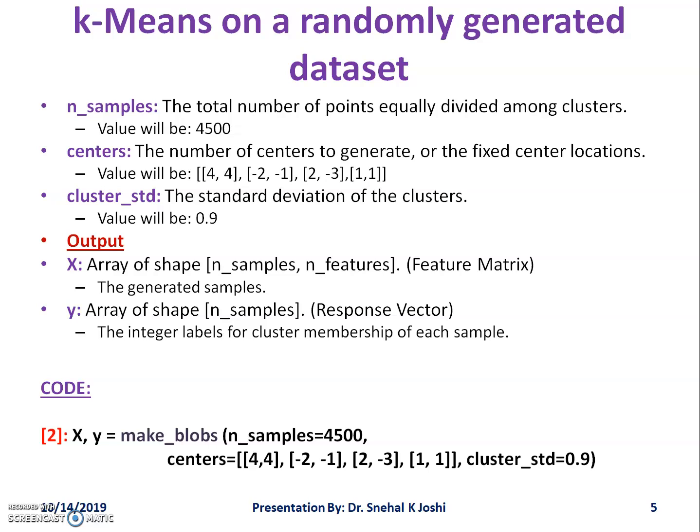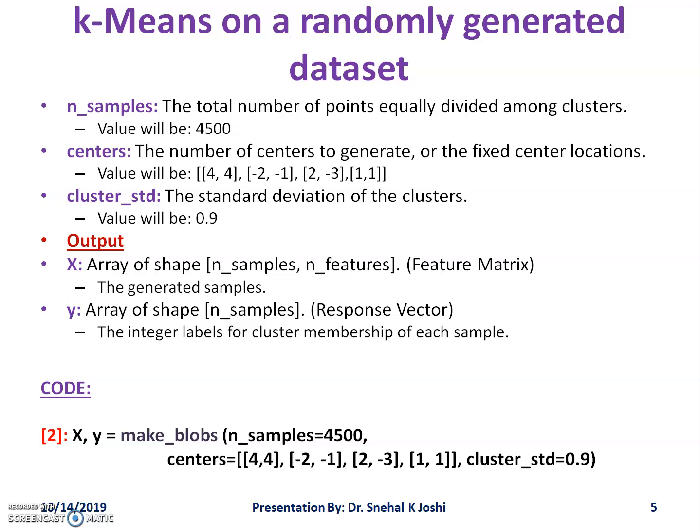The second parameter is centers. Here we generate 4 centroids having coordinate values 4, 4; -2, -1; 2, -3; and 1, 1 and initialize them. The cluster of data points with a sample size of 4500 will be generated randomly around these 4 centroids.